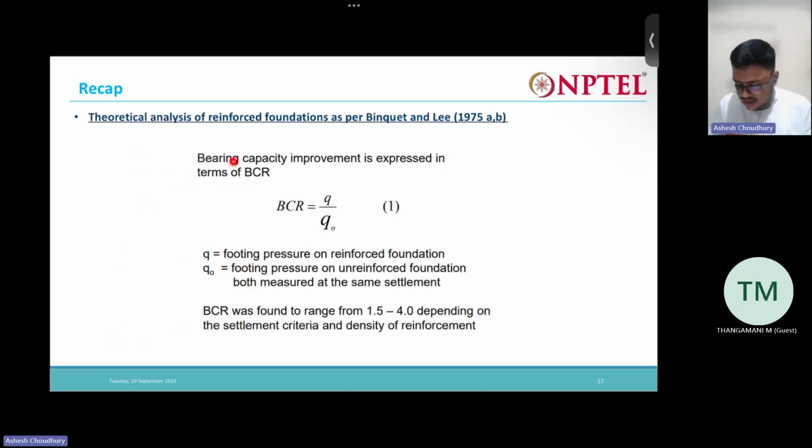So here we have defined that BCR equals Q by Q naught. Q is nothing but the footing pressure on the reinforced foundation, and Q naught is the footing pressure on the unreinforced foundation, both measured at the same settlement. Right?